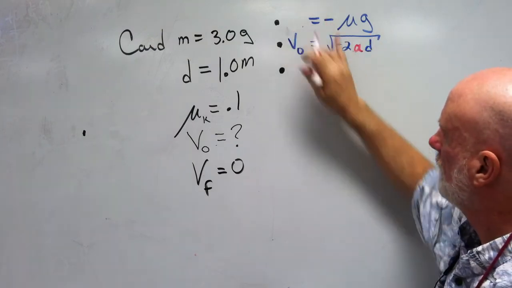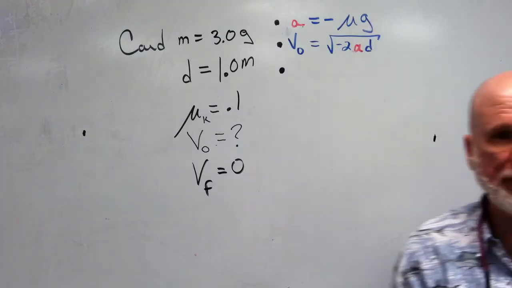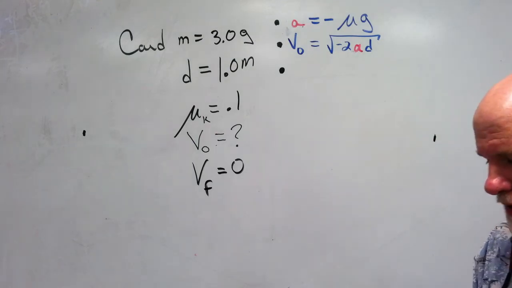That's A, right? And this is A. I want to substitute in for A negative mu G. So, this is what I would say.